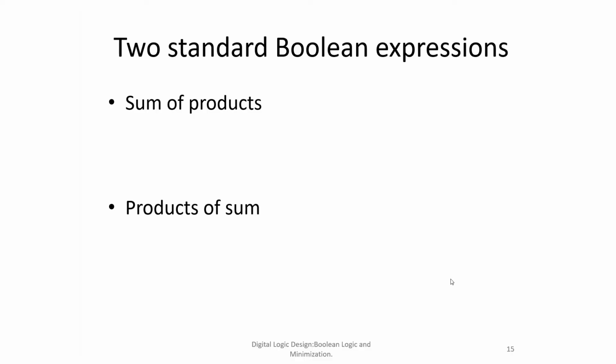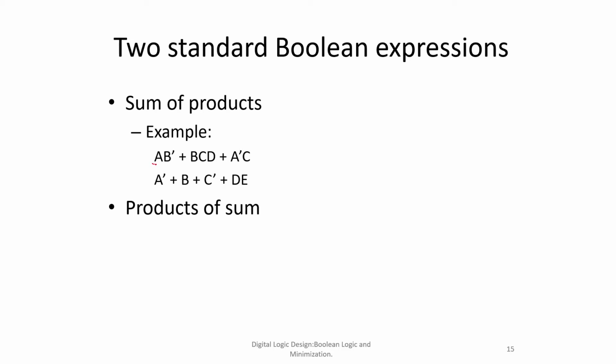Two standard Boolean expression forms are sum of product and product of sum. In sum of products, there would be product terms. So let's first understand the difference between a term and a literal.